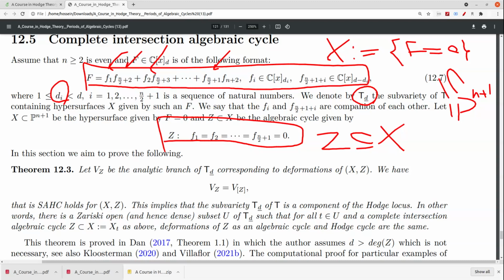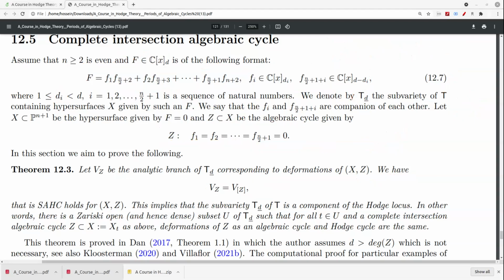So the first statement is that, let me see, the analytic branch of T_d corresponding to the deformation of X, then the Hodge locus, and this is the Hodge locus that we defined. These are the same.